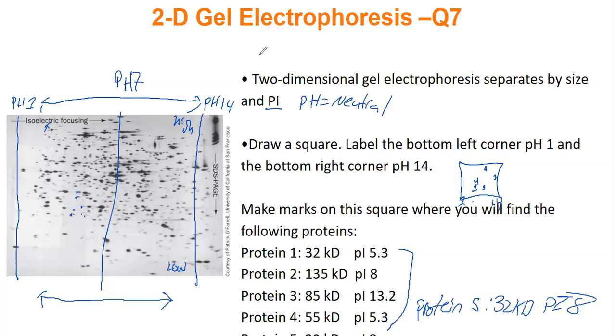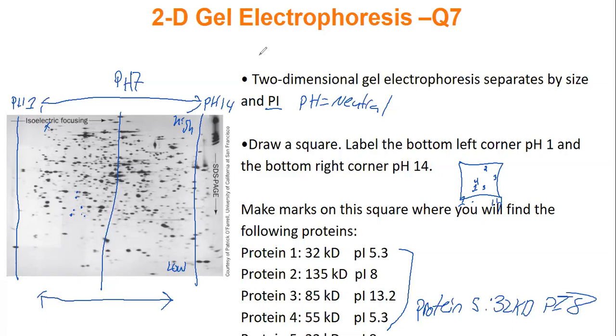Different gels have different weight ranges, and that has to do with the percentage of acrylamide in it. So the more acrylamide you have, you're not going to be able to separate big things well, but you'll be able to separate small things very well. The less acrylamide you have, you'll be able to separate big things well, but not be able to separate small things.